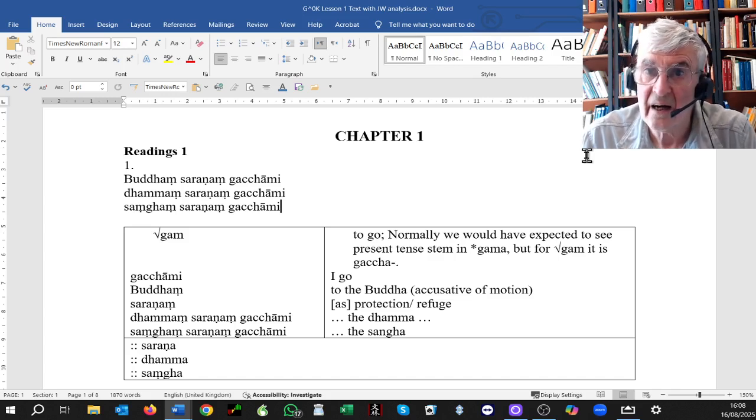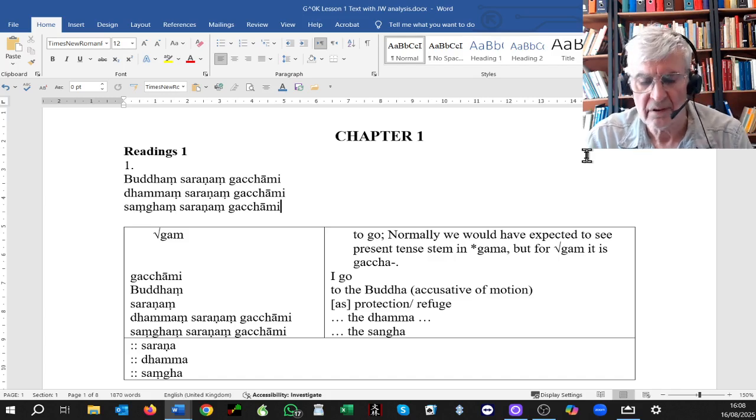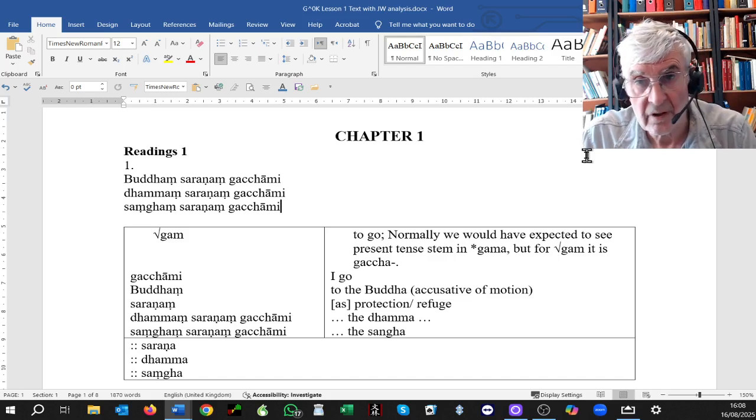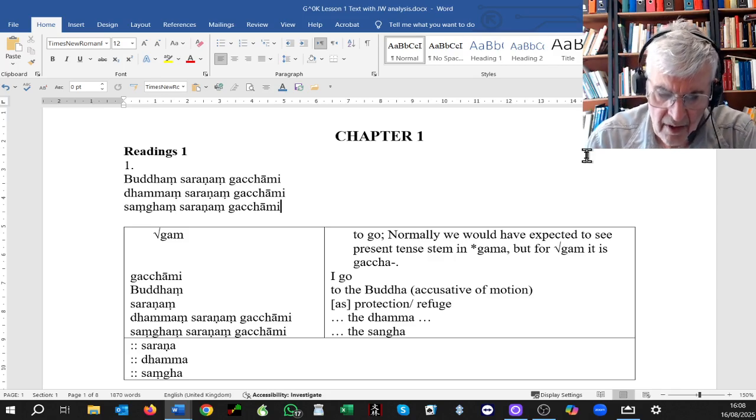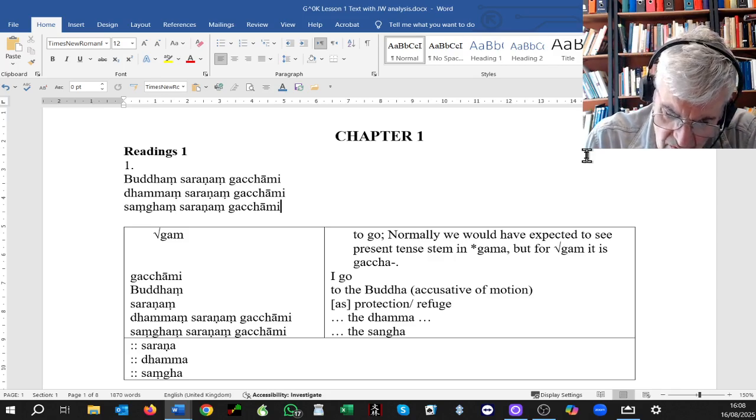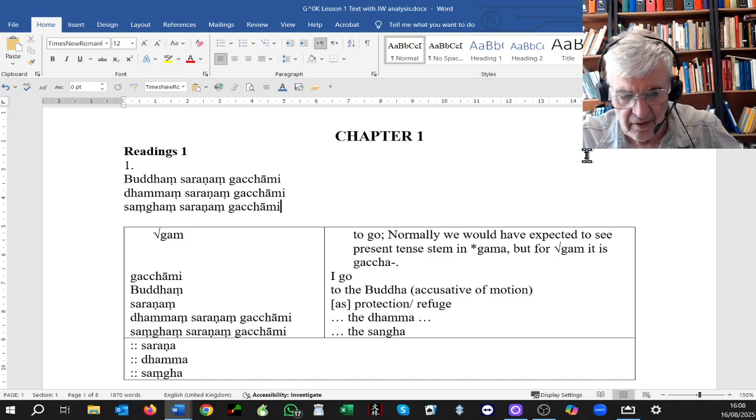The Atangiko Maggo is the eightfold path, literally the 8-limb or 8-member path, a path having 8 component parts. Both are equally correct. In the grammar section, I say sandhi, for example, can be written as sandhi with the subdotted n, or written, which is more common, I think, with an n sandhi.